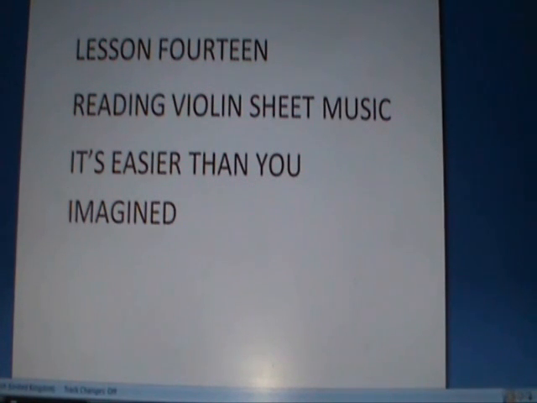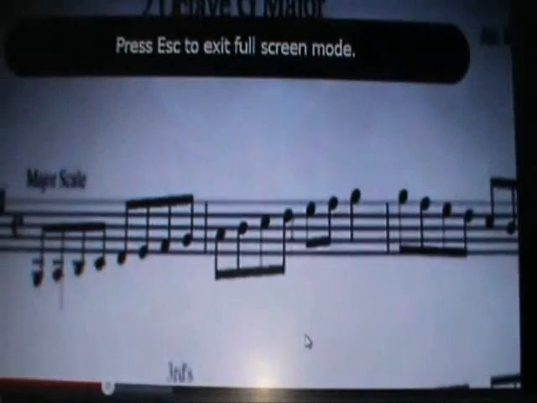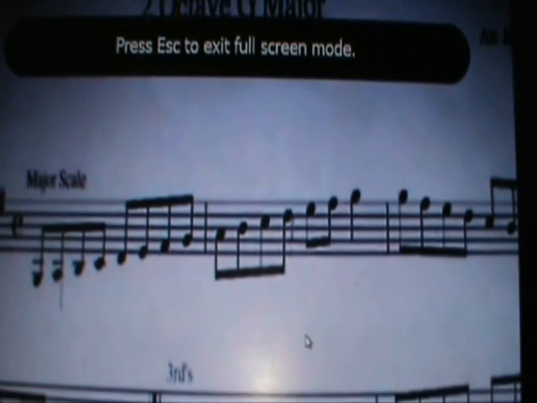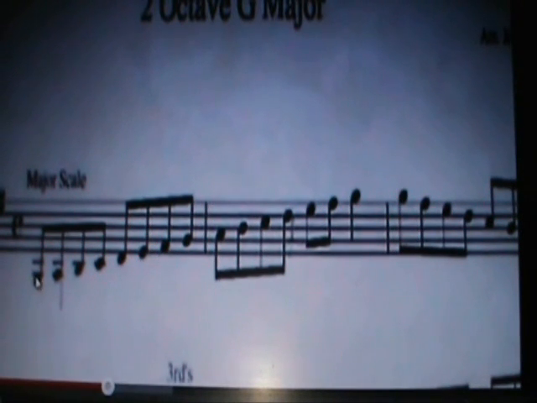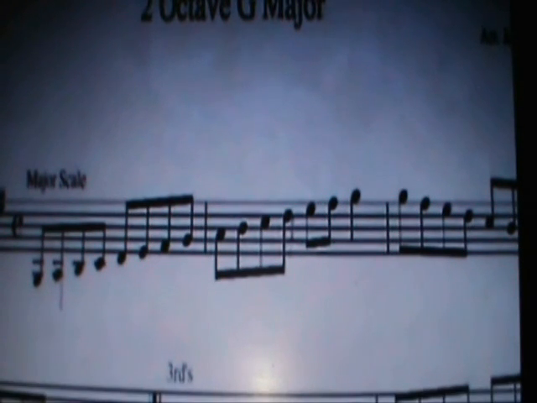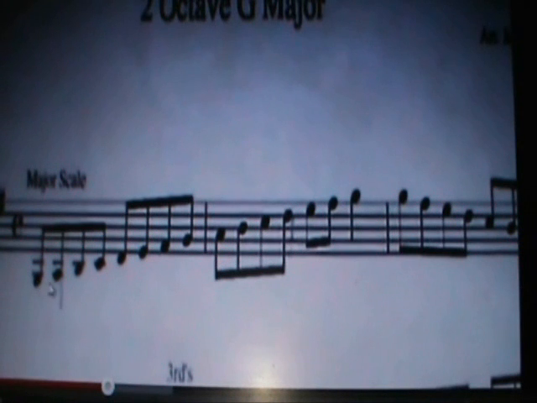Okay, so let's look briefly at the last lesson that we did, Lesson 11. In this lesson we looked at the way notes were portrayed on the music, and we talked about the way that each note corresponded to a particular string on the violin.